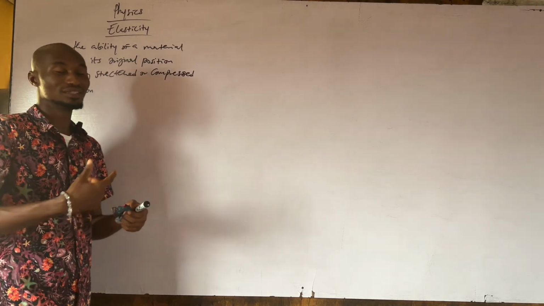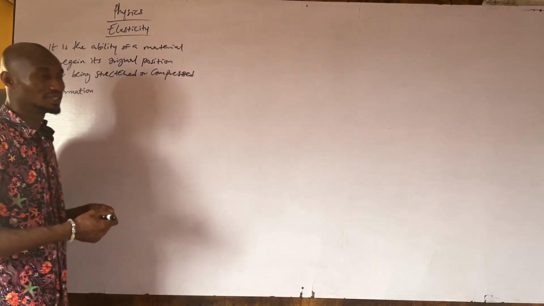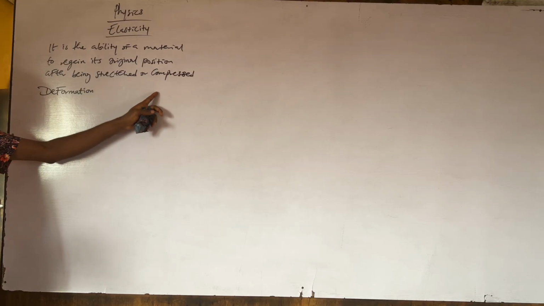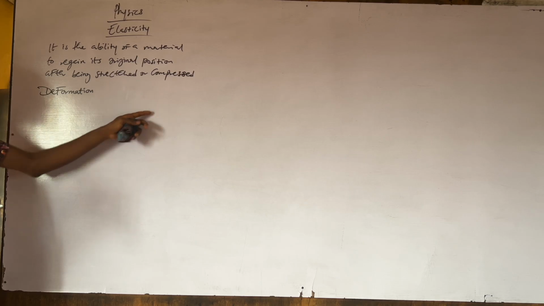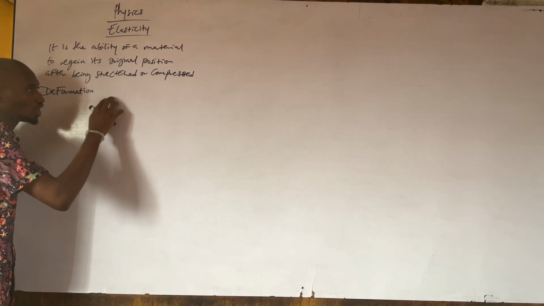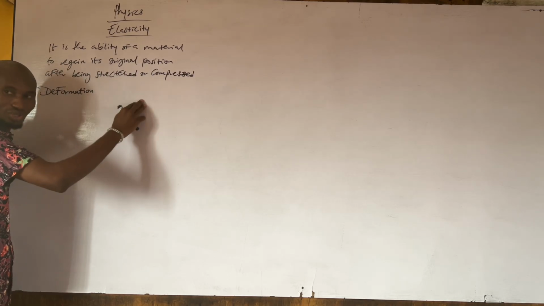We can say that deformation will occur when an elastic material returns to its shape after being stretched. There will be deformation if the material is elastic, that is, if the material returns to its position. But if the material does not return, deformation will be plastic.